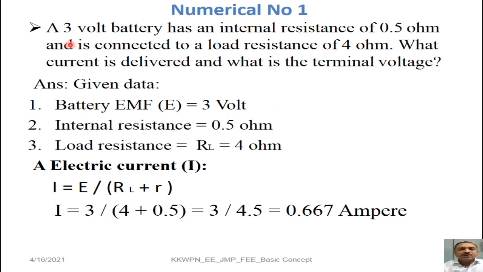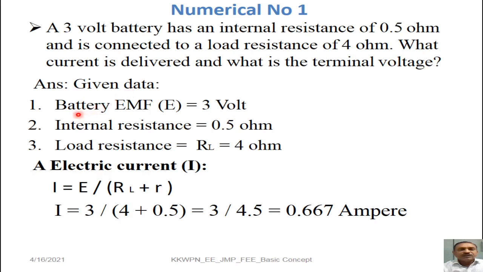The first numerical is a 3-volt battery which has an internal resistance of 0.5 ohm and is connected to a load resistance of 4 ohm. Now what current is delivered and what is the terminal voltage? Solving any numerical, let us first write the given data.